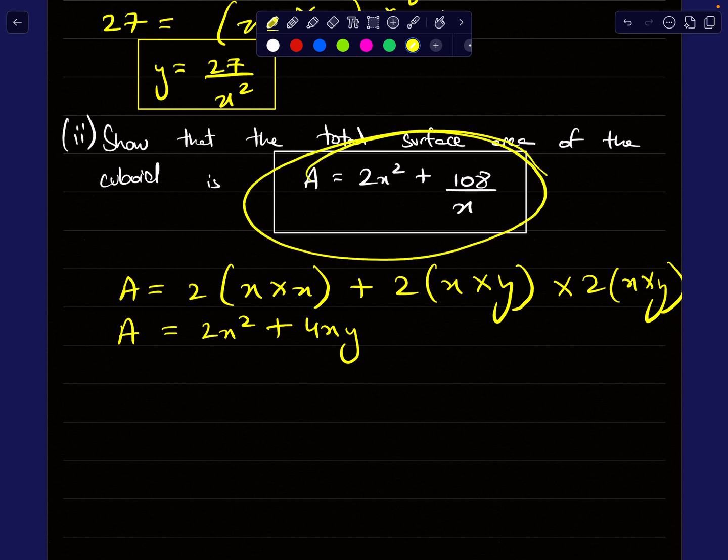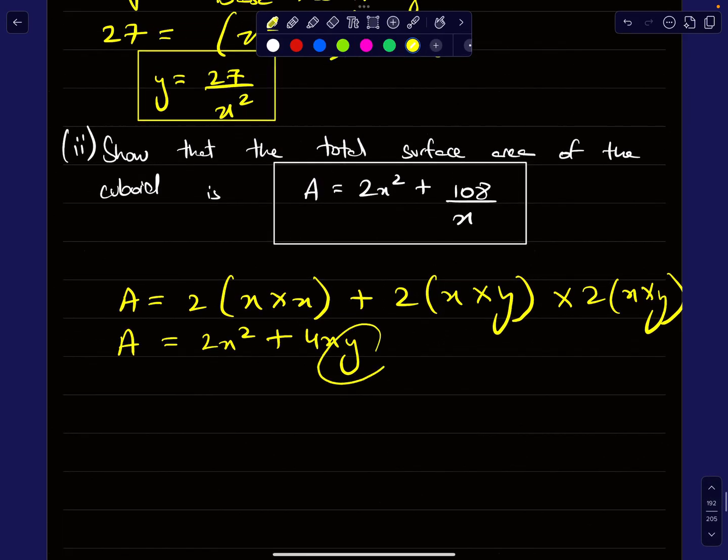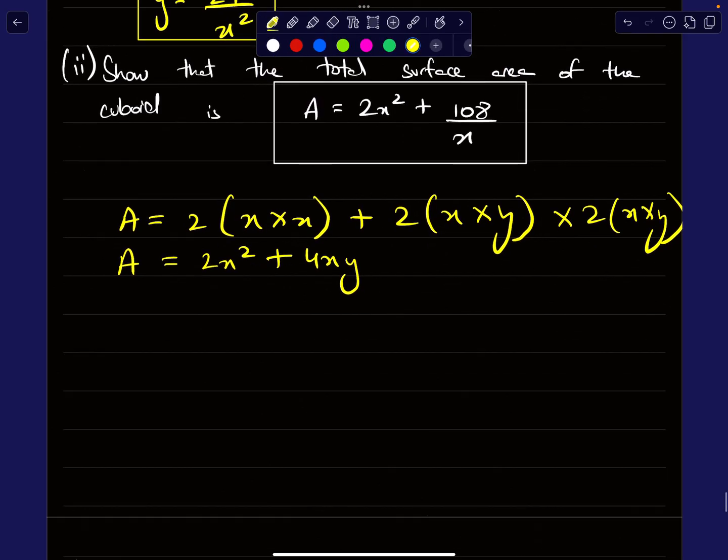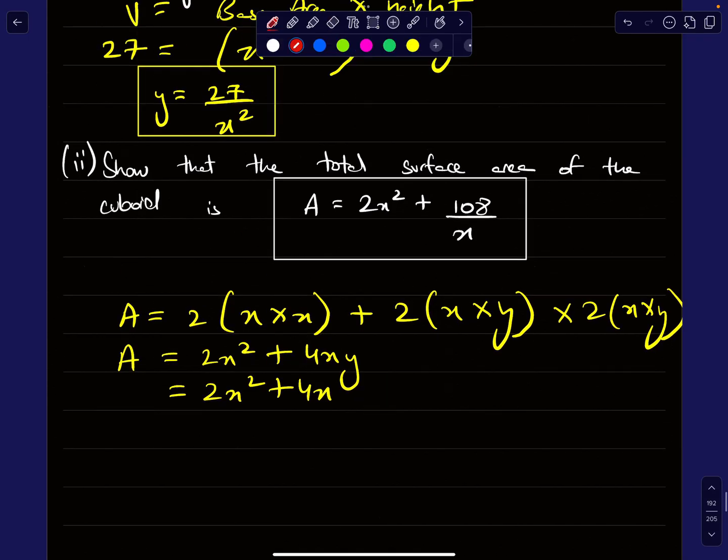Now notice that this expression is in terms of x and y. So we need to substitute y by its equivalent in terms of x. So 2x squared plus 4x, and y is substituted by its equivalent, 27 over x squared.